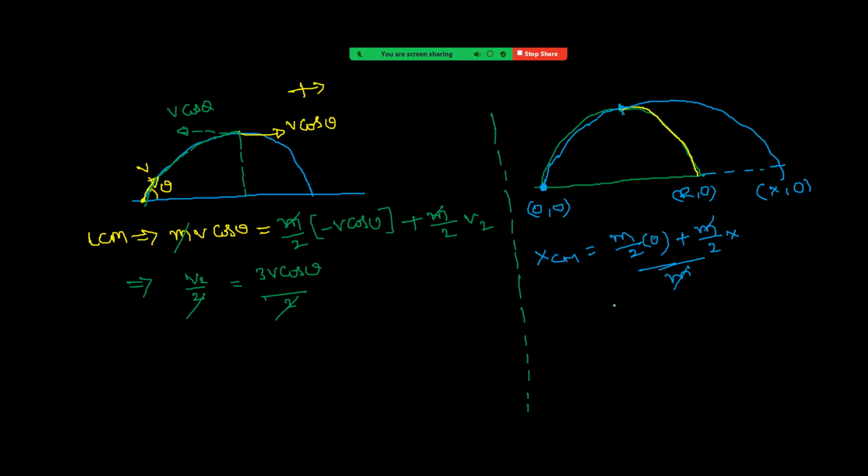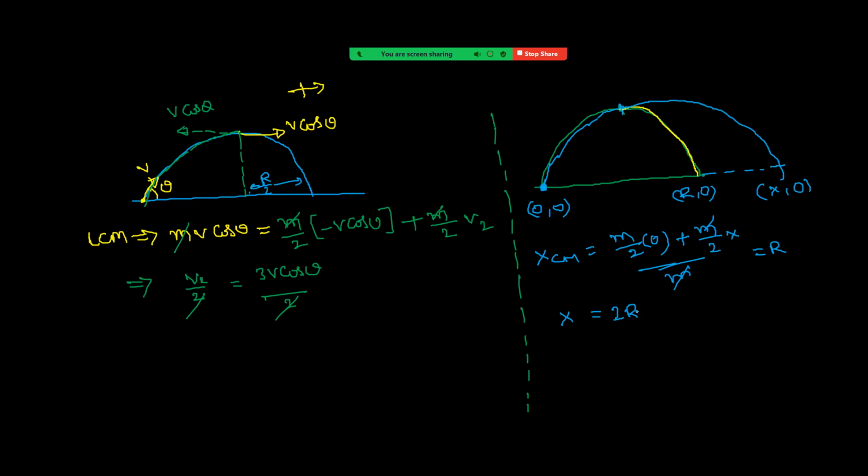The mass gets cancelled. This x_cm is nothing but R, landing at this position, so x equals 2R. This is the location of the second fragment. And see carefully, because of velocity v cos theta, it covers a displacement of R by 2.